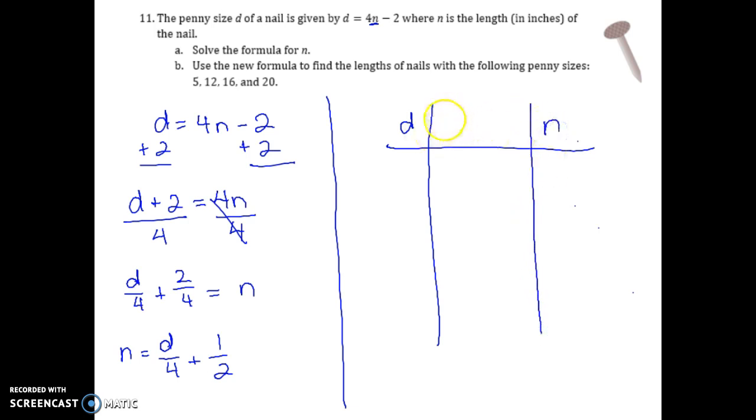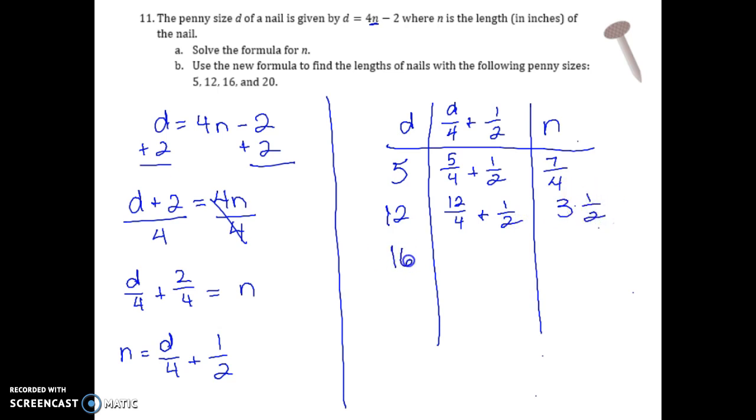So our formula is going to be we're going to take our input, and it's going to be d divided by 4 plus 1/2. So for an input of 5, we would have 5/4 plus 1/2, and our output would be 7/4. An input of 12 would give us 12/4 plus 1/2, which would be 3.5.